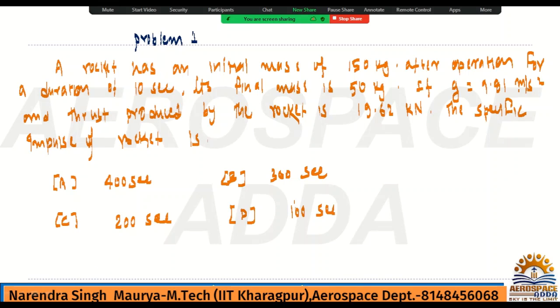Okay, and this is the GATE AE problem, and it was asked for 2 marks.